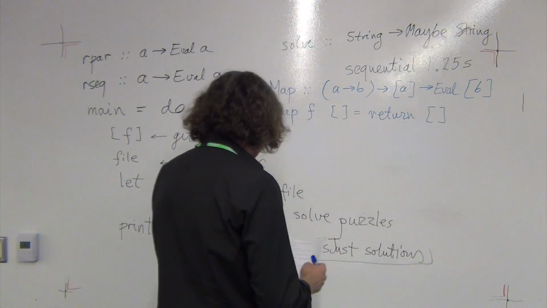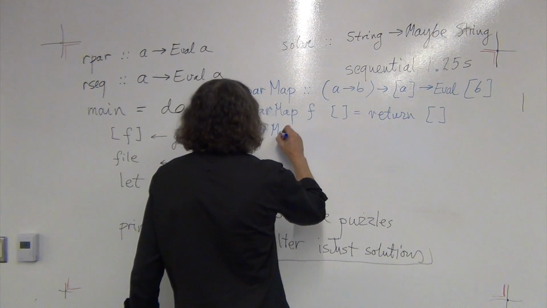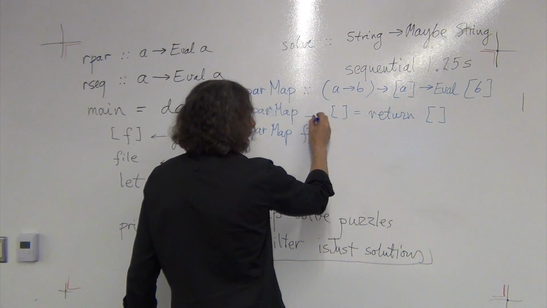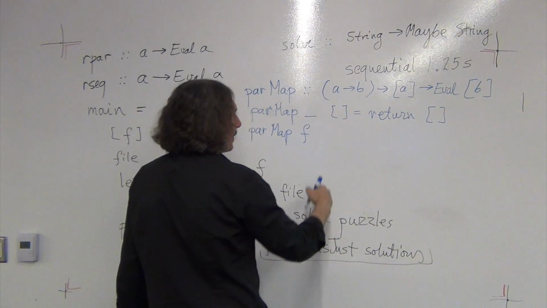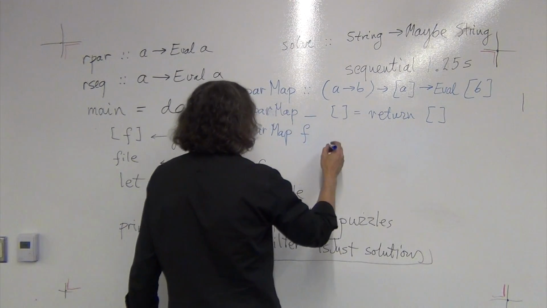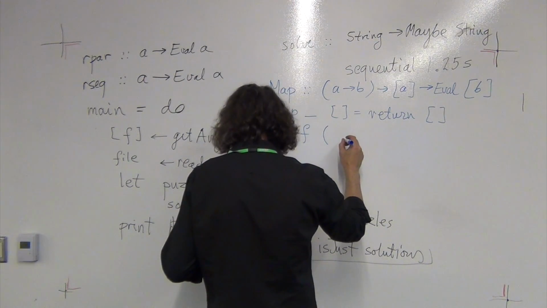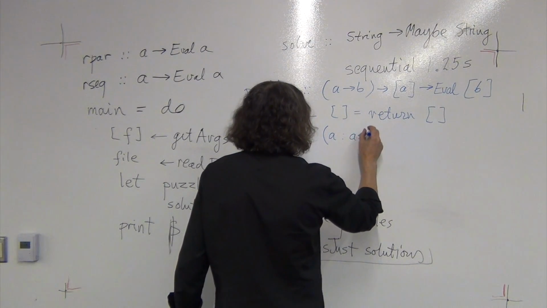Good. Okay. Now another pattern, parmap. Okay. And here I could put wild card, because I'm not using this function. But here I am. And I'm pattern matching on, what should we call it? As. Okay?